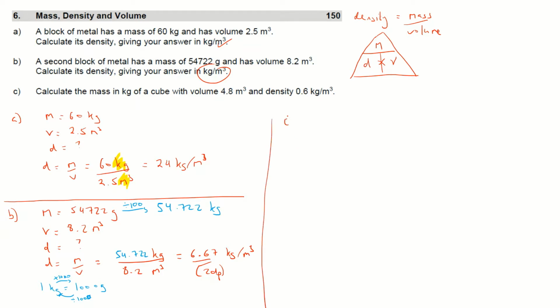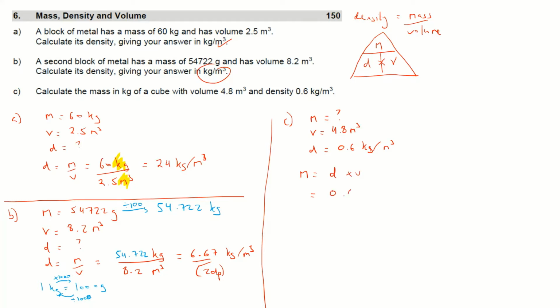Last one then. Find the mass in kilograms of a cube. Volume 4.8 meters cubed and density 0.6 kilograms per meter cubed. Right, so the mass, remember, if you use the triangle, if you cover up the M, you see that mass equals density times volume.